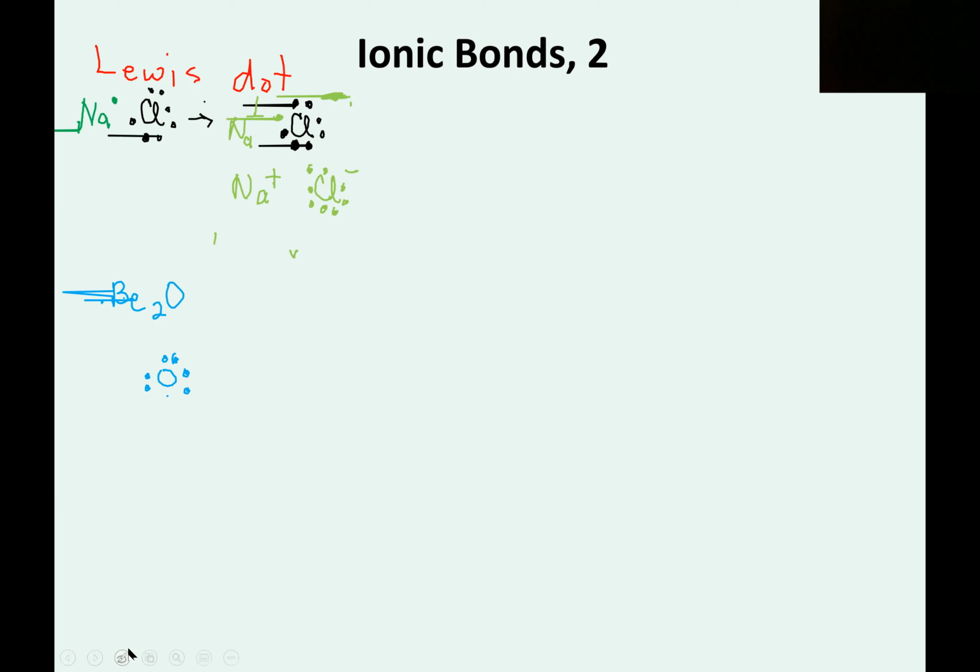And then we're going to have a beryllium. It's only going to be 1 beryllium and 1 oxygen. So beryllium has 2, but it's going to give those 2 to oxygen. So oxygen winds up with a -2 and beryllium winds up with a +2.